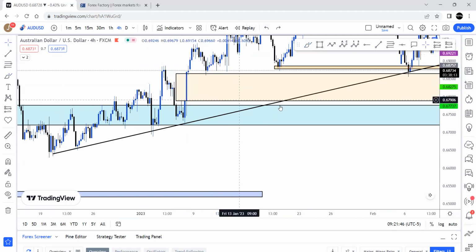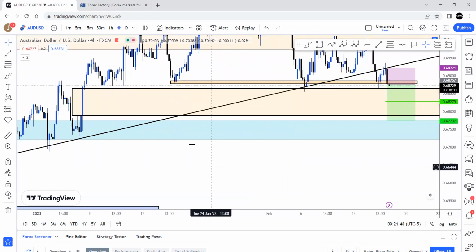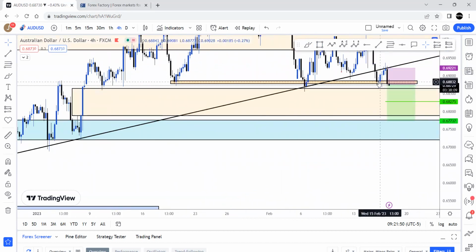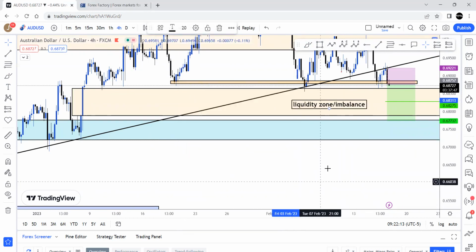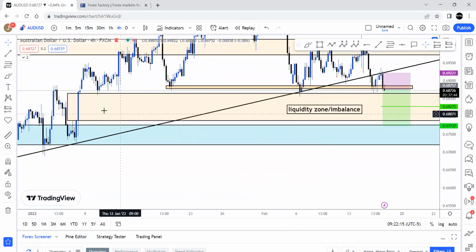So that's another confluence of why I'm looking for the sell, because I know that price is always going to chase liquidity. This right here is a liquidity zone, or I call it an imbalance really, and price needs to fill that area.